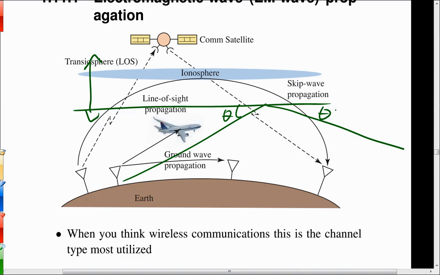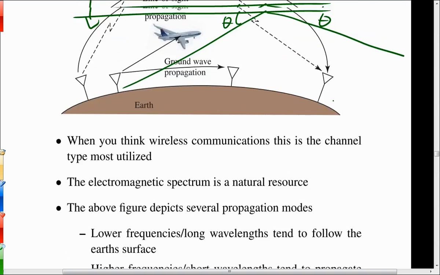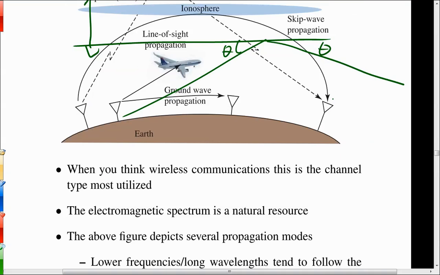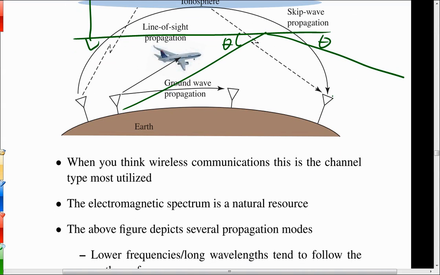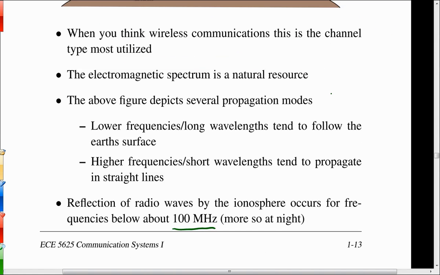But then the really low frequencies also tend to hug the curvature of the Earth. So that's a ground wave propagation mode. So that's another thing that's going on in there. But the things in between that can't get through the ionosphere and don't curve with the Earth's surface are what we call line of sight. Like broadcast FM is line of sight.